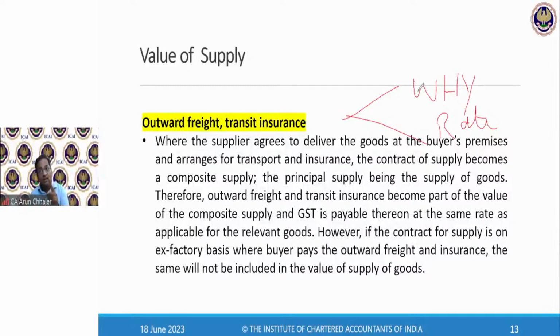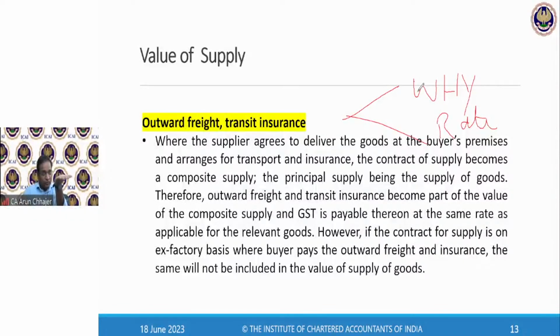Will it be added in the value? Answer is yes. The next important point: what would be the rate of the taxes on these packing charges? Recall the concept of composite supply. Two or more taxable supplies which are naturally bundled, out of which one is the principal and others are ancillary. In this example, goods is the principal, other items are ancillary.